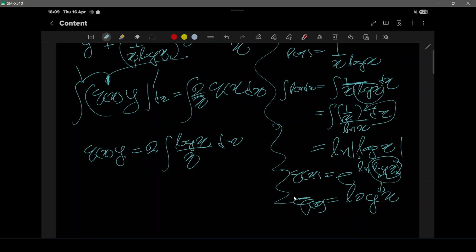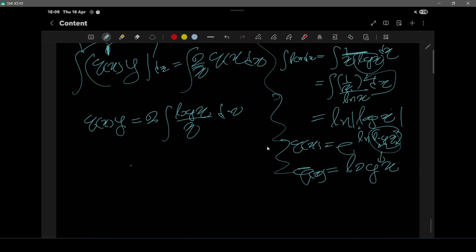So how to solve this? This is also a really easy integration. We can see this as log x times 1 over x dx.